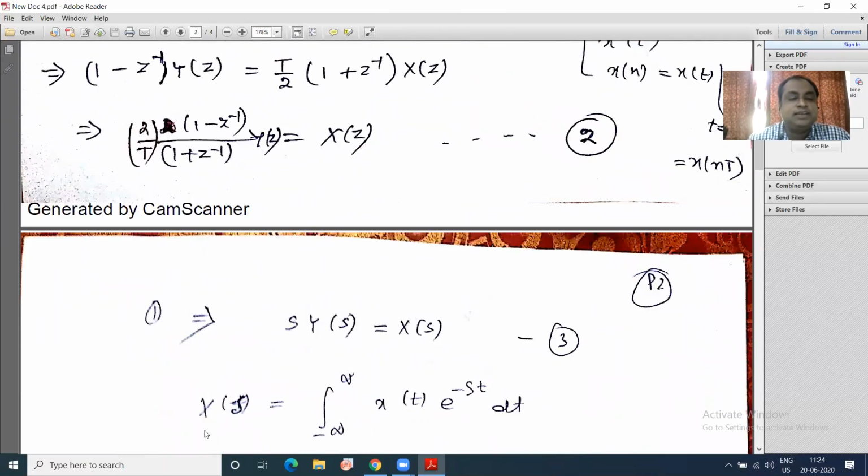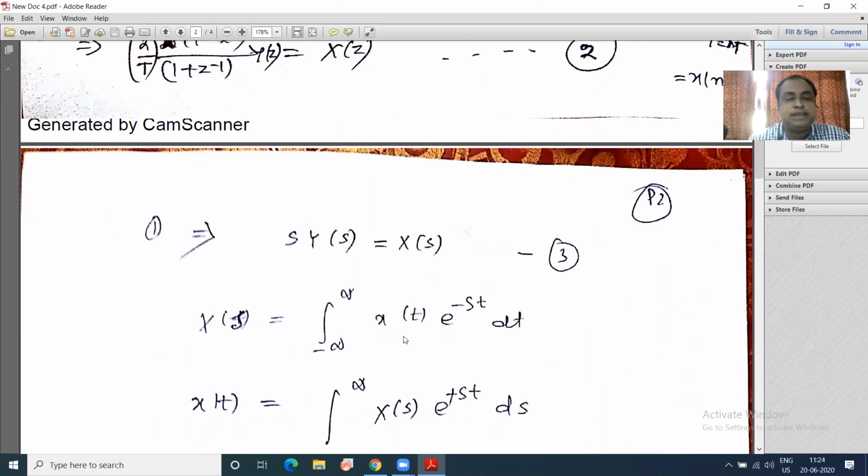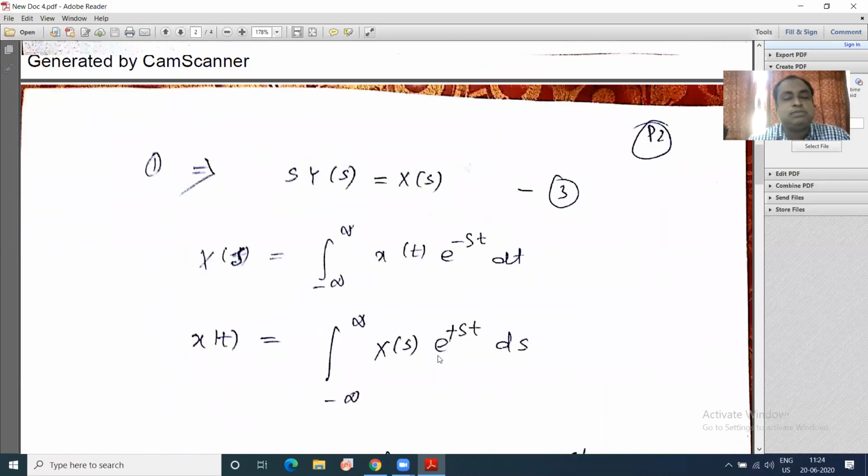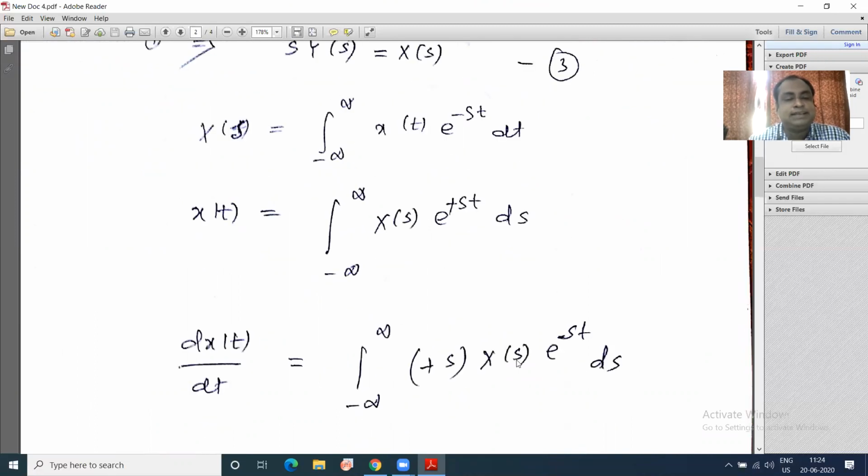First thing, do you know x(s) equal to the integral from minus infinity to infinity of x of t e to the minus st dt? This is called the Laplace transform equation. Then from here, what can we write for x(t)? x of t is the integral of x(s) e to the st ds. If you differentiate with respect to t, dx of t by dt will be s times x(s) e to the power st. Now, if x(t) has the Laplace transform x(s), then x(t) is the signal and x(s) is the Laplace transform.